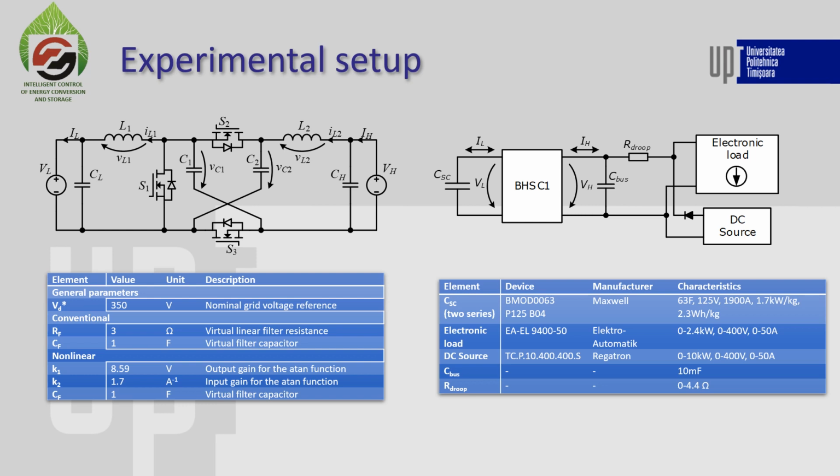The parameters of the nonlinear function are also presented here. It is important here to not confuse these virtual components with the real capacitor, which has 63 farad capacity and is used for storage.